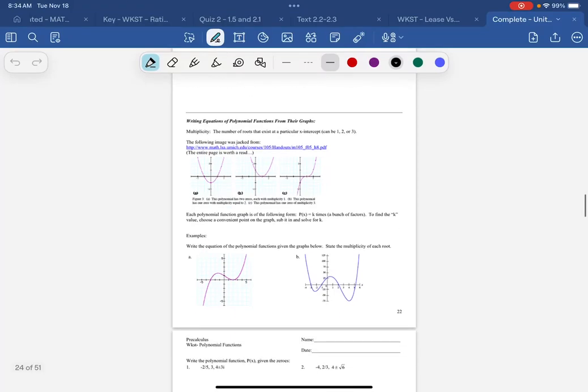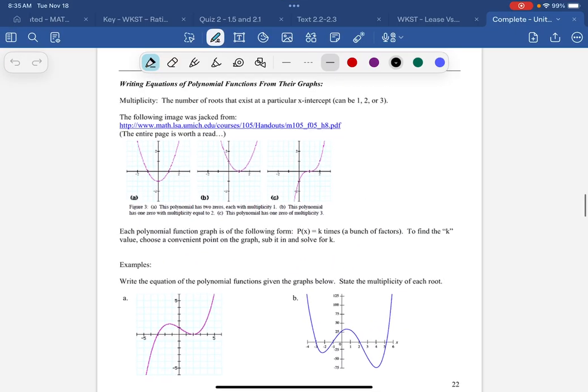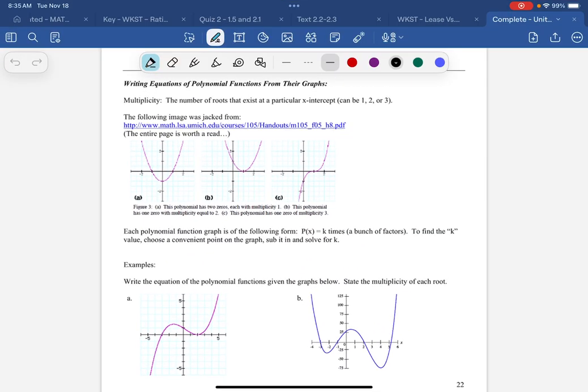All right, looking at page 22, we're writing the equations of polynomial functions from their graphs. We talk about multiplicity here, the number of roots that exist at a particular x-intercept, and it can be 1, 2, or 3.